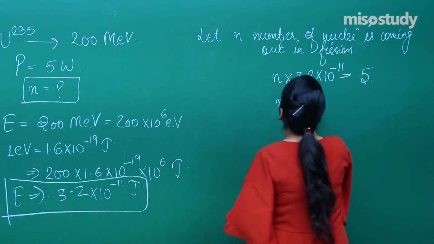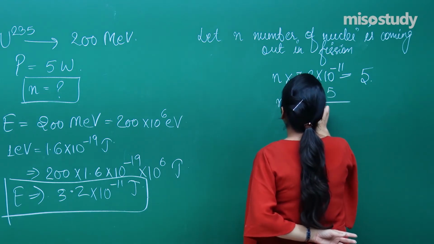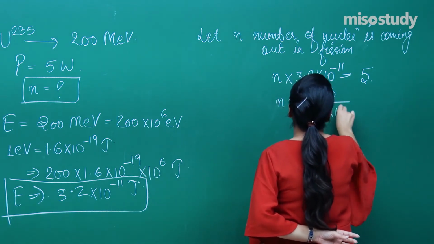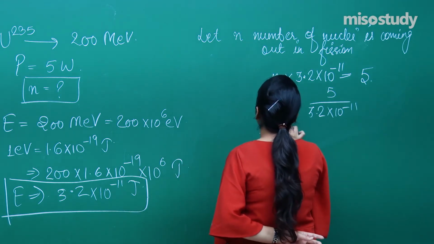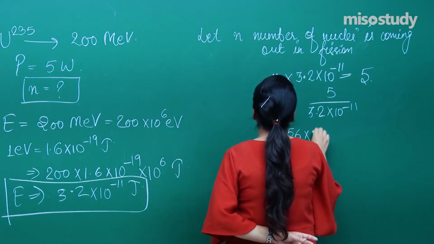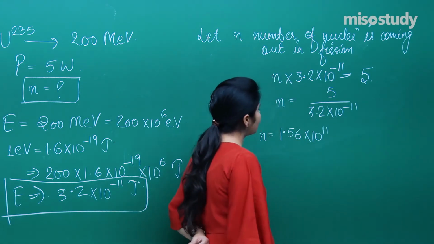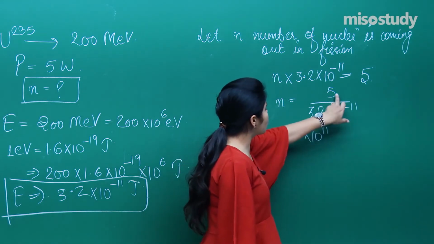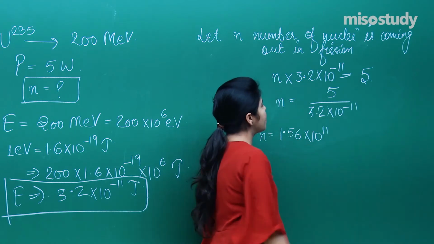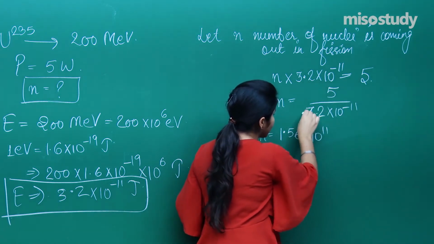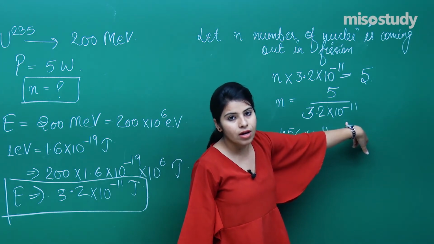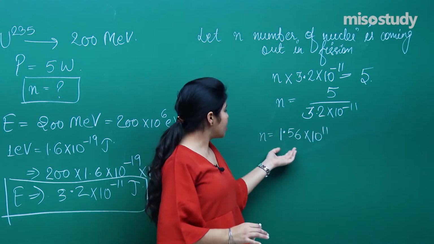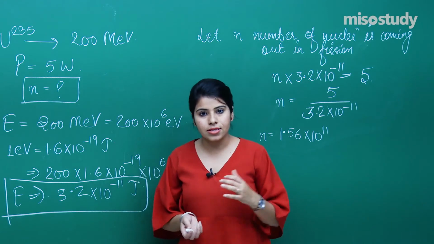So N will be 5 divided by 3.2 into 10 raised to the power minus 11, isn't it? If you divide 5 by 3.2, your value will come out to be 1.56 into 10 raised to the power 11. Now we have our number of nuclei as this.